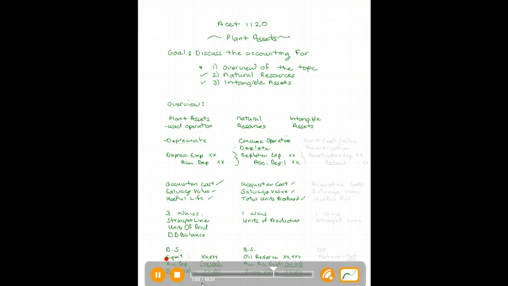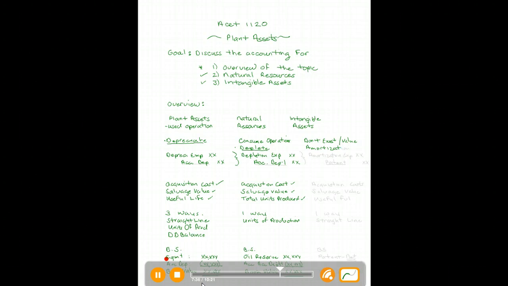Let's move on to intangible assets. Intangible assets have no physical existence, so they don't exist at all, but they do have value to us. Things like patents, copyrights, and trademarks. And we don't depreciate them or deplete them, we amortize them.